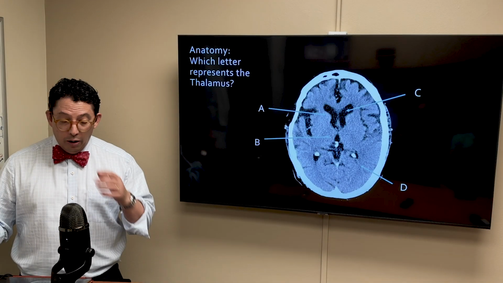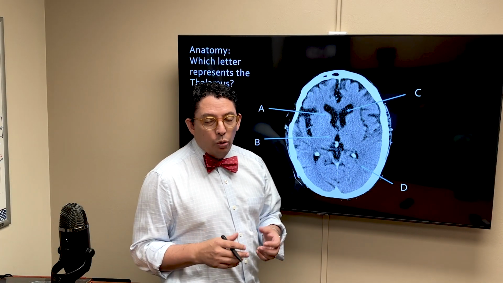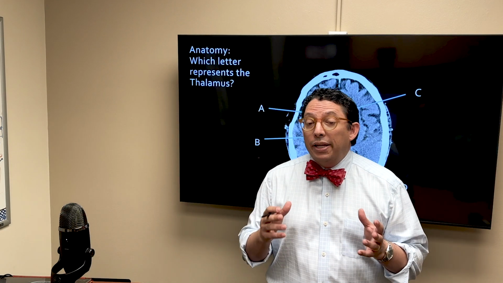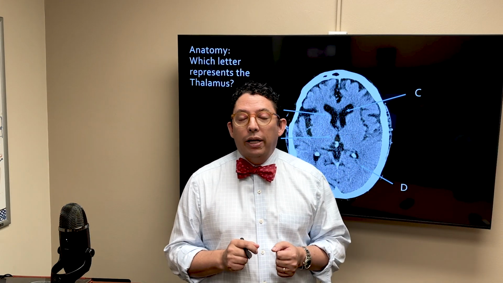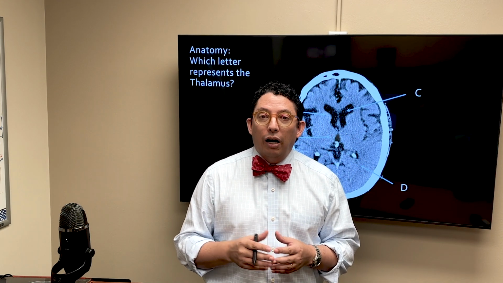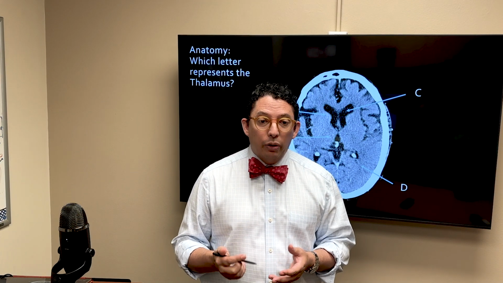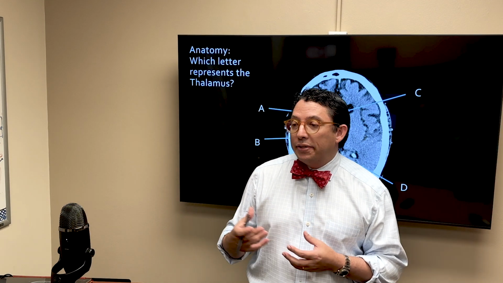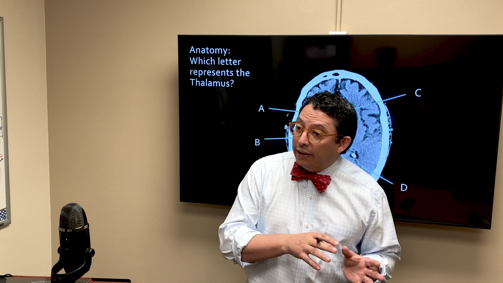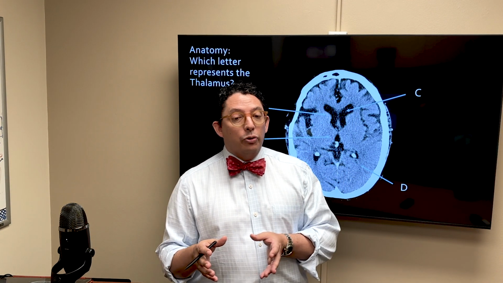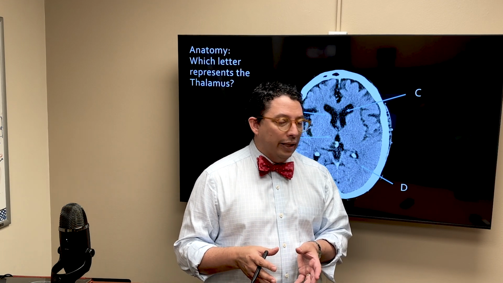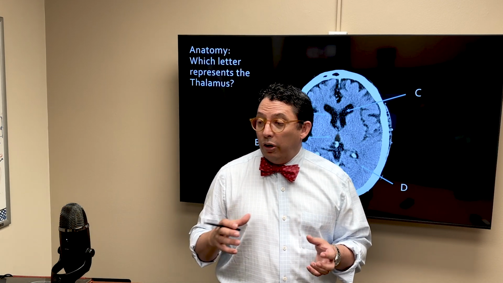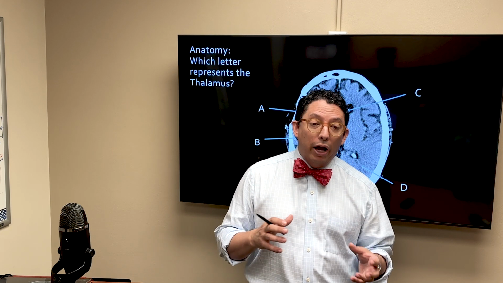So let's talk about anatomy. Why is this important? What this allows us is not only to concentrate on the densities themselves, but what are the structures inside of the brain? That's the real key of the whole thing. We had said in the previous slide that you could see the water inside of the ventricles, which is CSF, and that you could see the brain. But you could also see differences between the gray and the white matter.